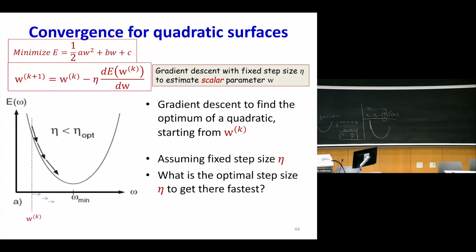No? Yes? What do you think? So what this means is that regardless of where I am, if I start from here, if I use that value of eta, I'm going to get here in one step. Regardless of the initial point, if I use that value of eta, I'm going to get to the optimum in one step. What would this step value be?